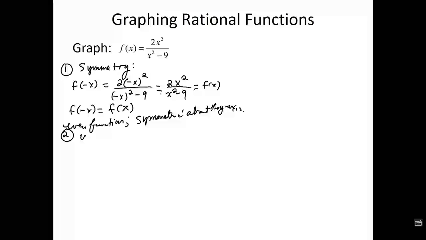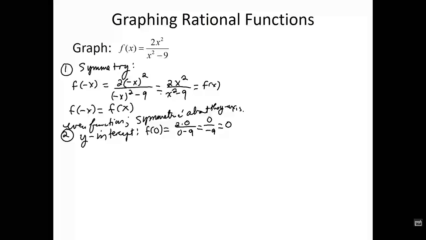All right, step 2. We need the intercepts. Let's find the y-intercept. We want f of 0. So f of 0 is going to be 2 times 0 divided by 0 minus 9. So we have 0 over negative 9, which is 0.